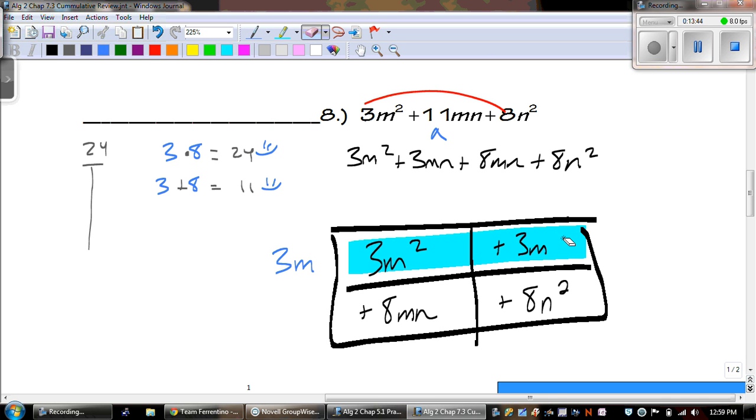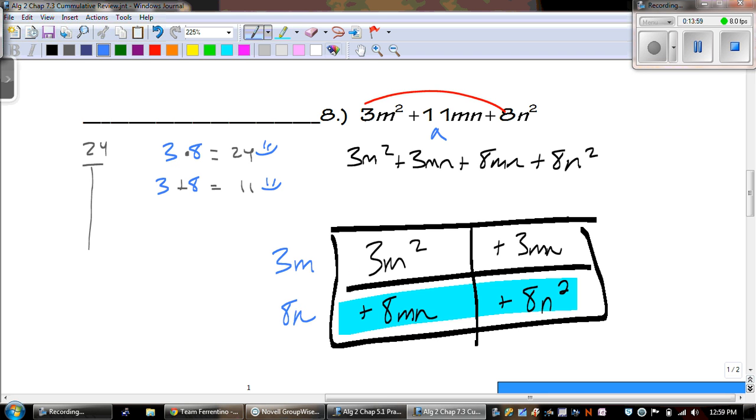Oh, and that should not be m squared, Mr. Grice. That should be an n. Sorry about that. That's what happens when you write these things down too fast. Okay, the bottom, I can factor out an 8 and an n. Going on my left, the only thing I can factor out is an m. And on the right side, the only thing they have in common is n.